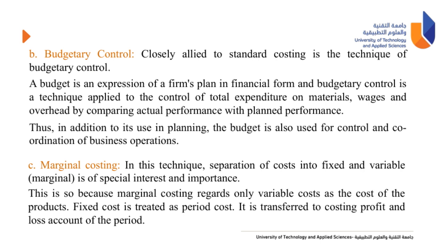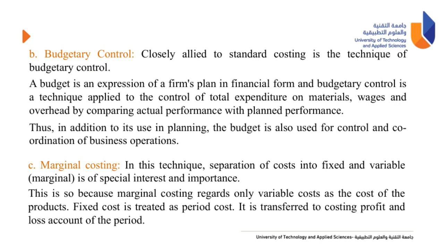A budget, in this context, is essentially a financial expression of a firm's plan. It helps us project how much we intend to spend and earn over a period. Budgetary control is a technique closely related to standard costing. It involves comparing actual performance with our planned performance to keep our operations on track.